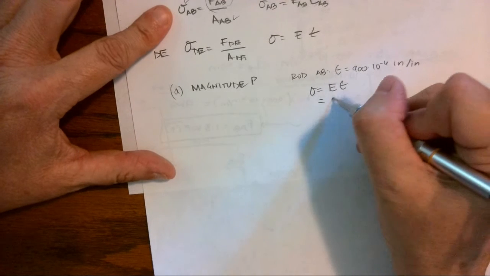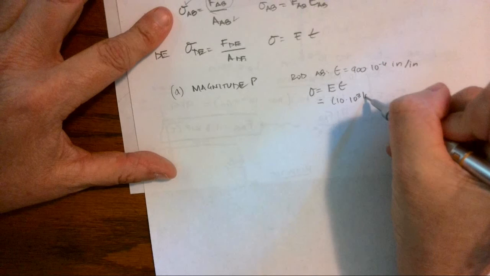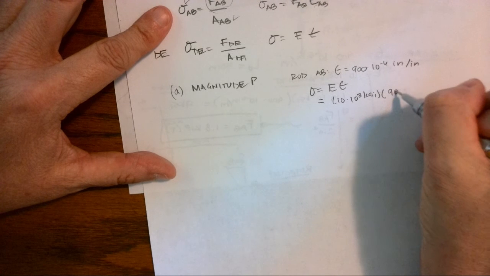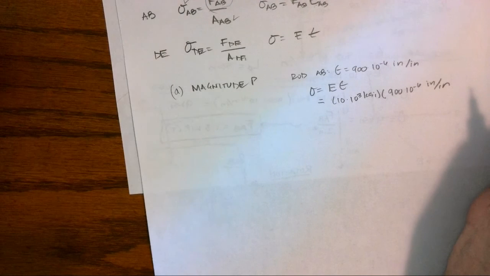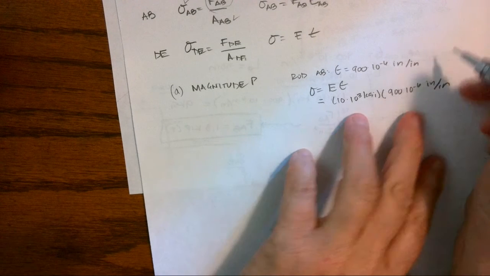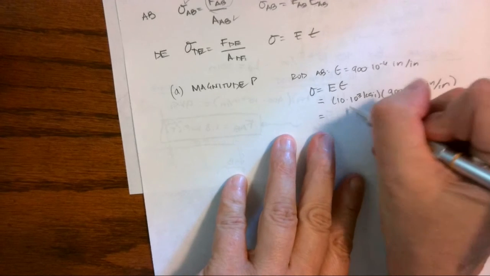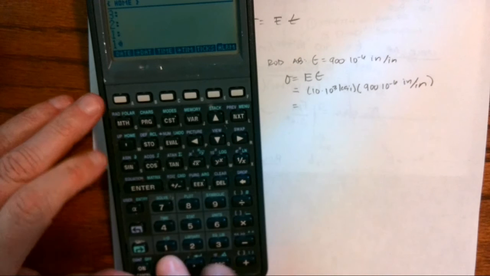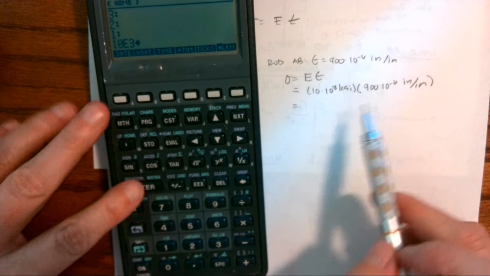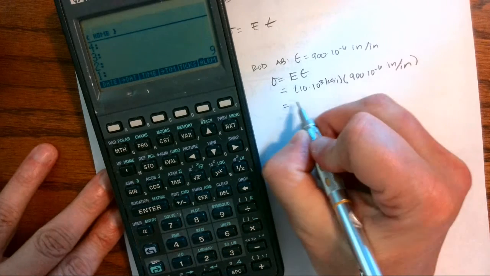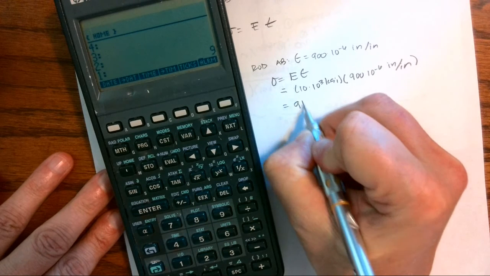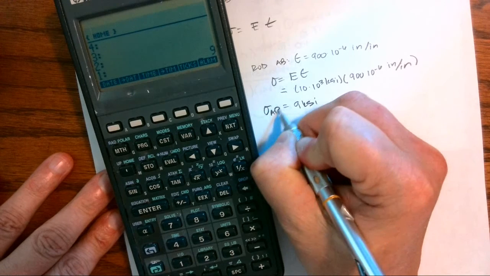So I have 10 times 10 to the third KSI times 900 times 10 to the negative 6 inch per inch. I can multiply this out, and I get that the stress in AB is 9 KSI.